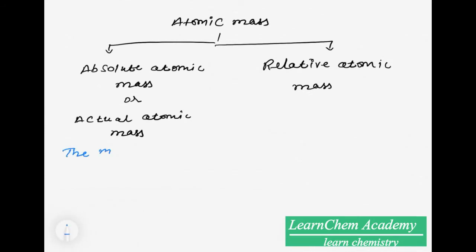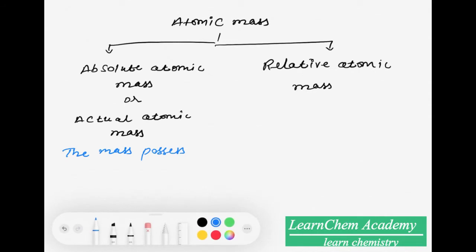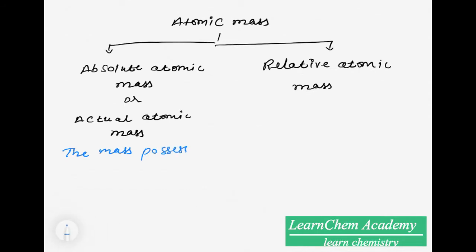So we can write: the mass possessed by an atom is called absolute atomic mass, or we can say the actual atomic mass.